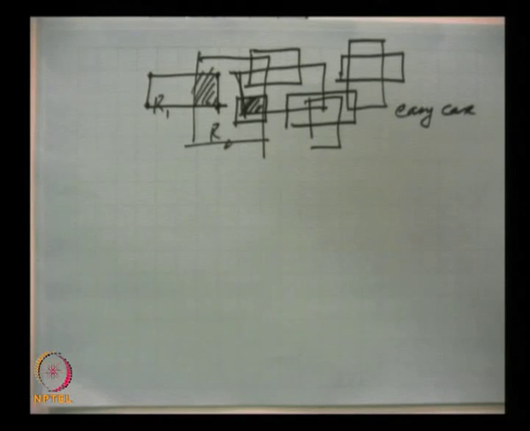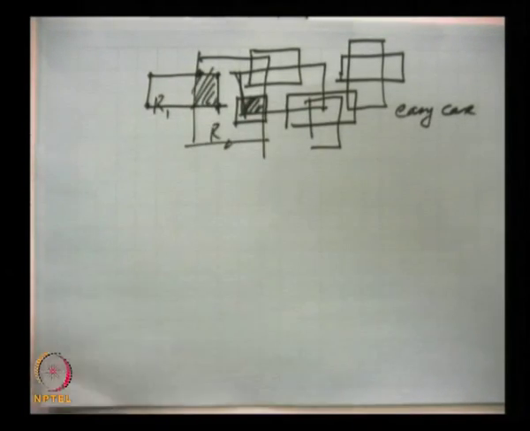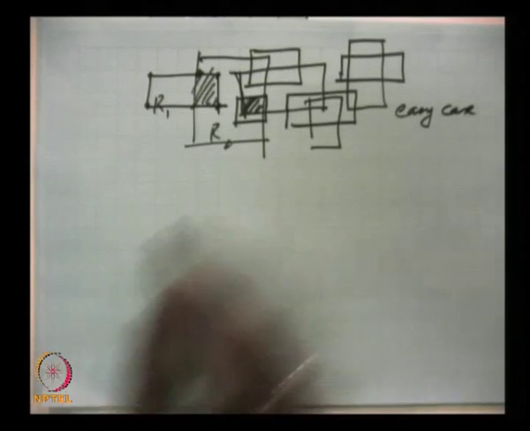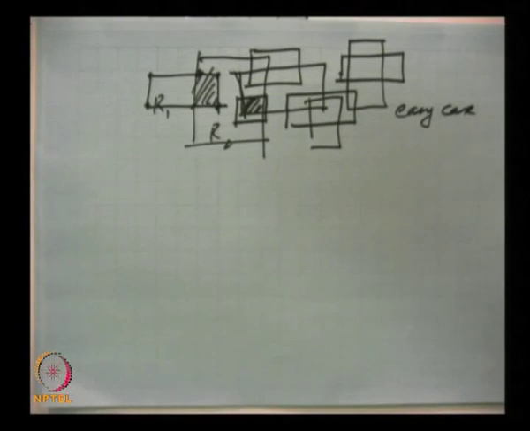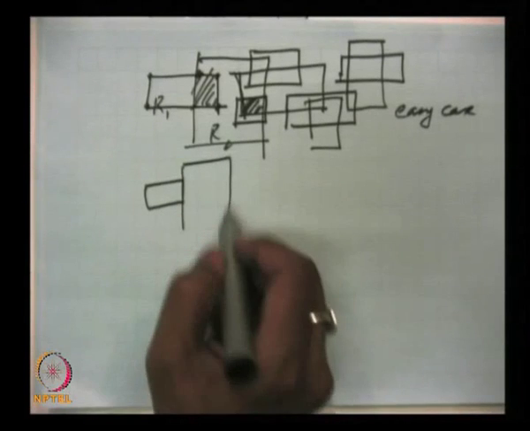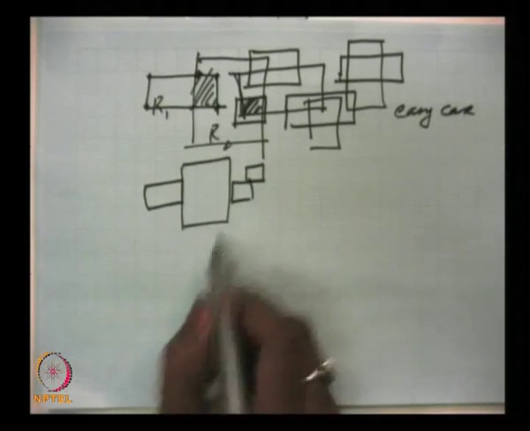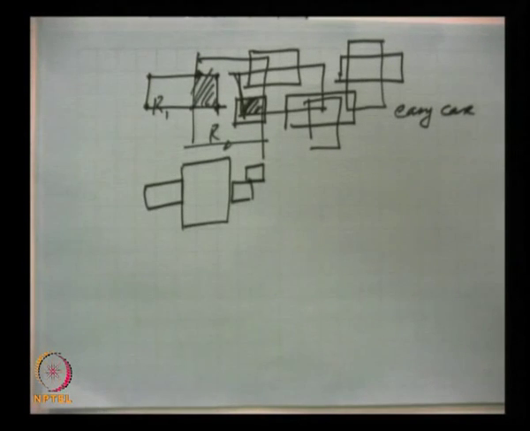I thought you would actually say that using line sweep I can compute all the intersections and reduce this case to a situation of disjoint rectangles. That can be done, right? Suppose I end up computing all the intersection points, then this whole thing could look like this. Each small thing could be split up, I can make it into disjoint rectangles, and then of course I can sum it up.